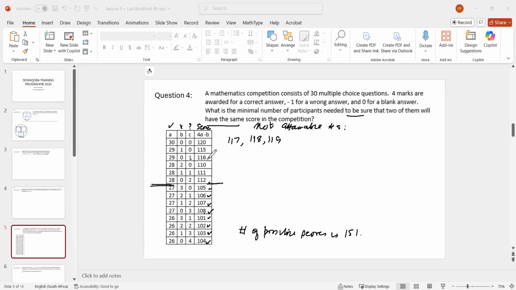Right. Then you got from the next lot is 119, so 116, yes, 115, no, 114, no, 113.